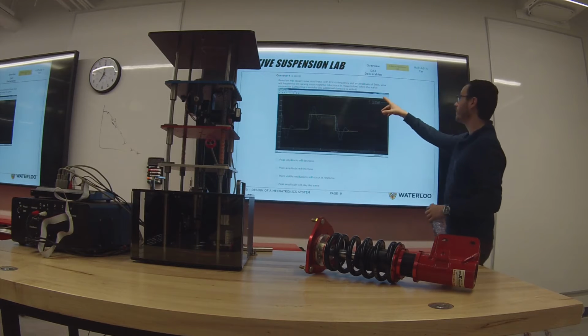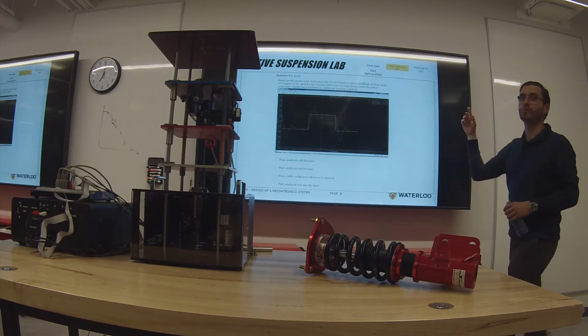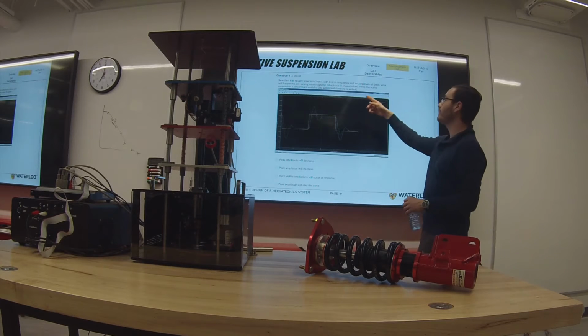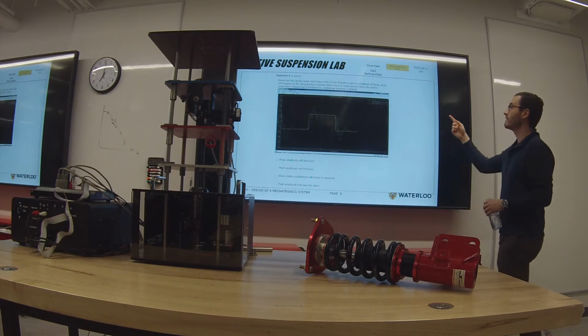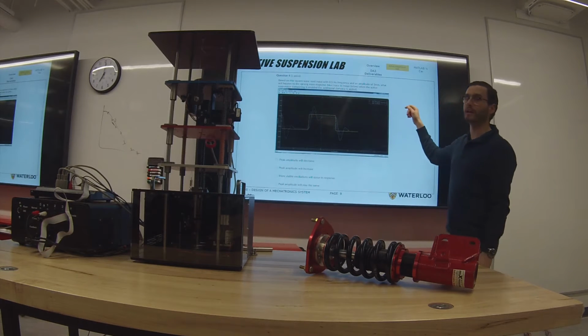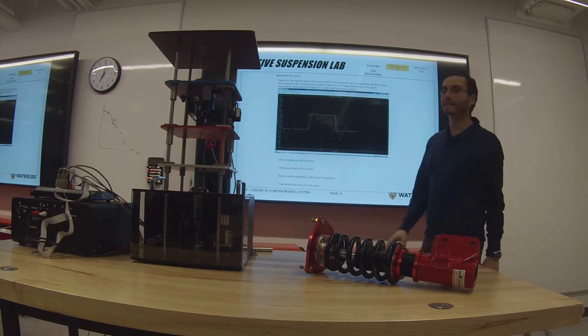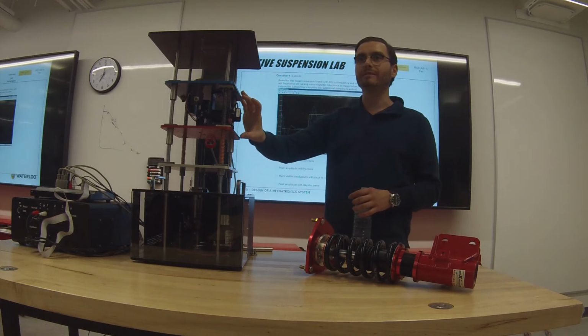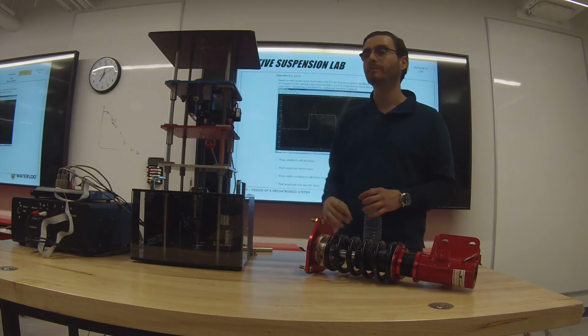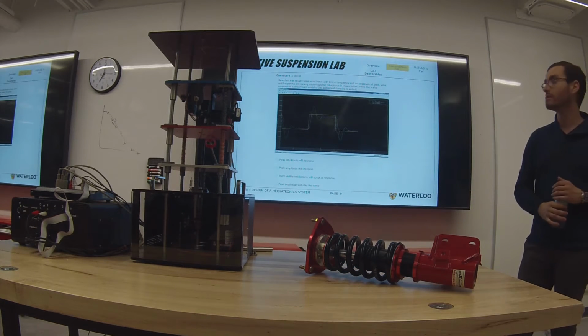With the square road input of 0.5 hertz frequency and an amplitude of 3 millimeters, what will happen to the sprung mass response, which is the blue trace here in this image, when I activate the active suspension damping in the system? So I'm going to add additional damping by doing that.